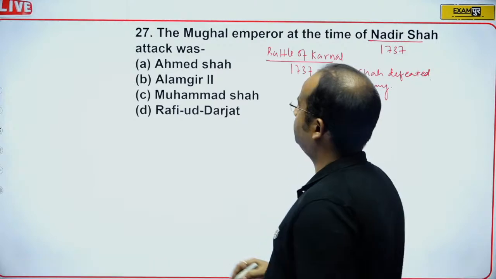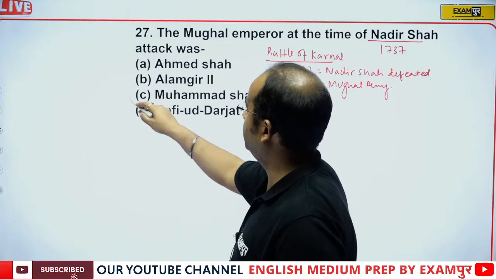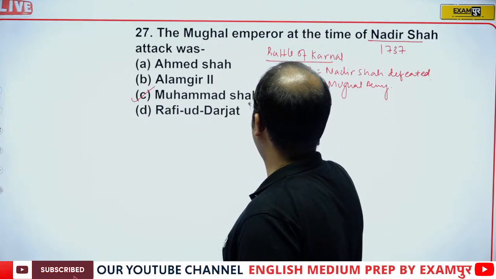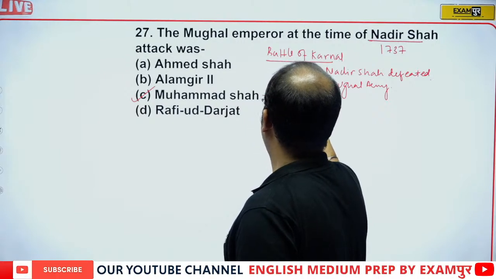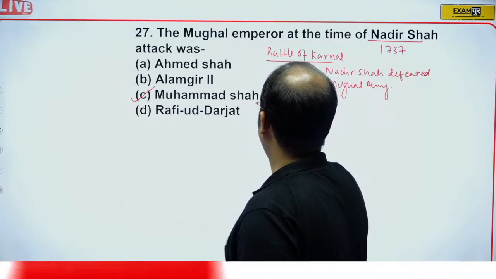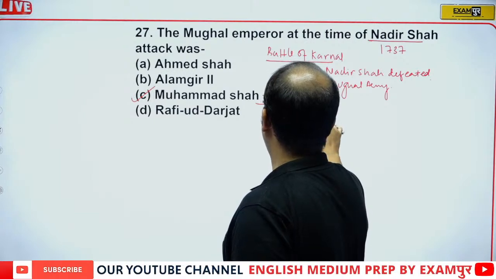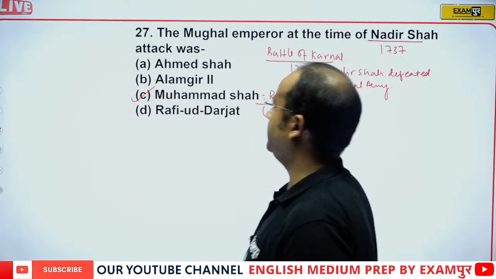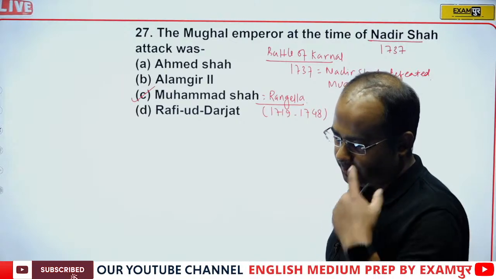And at that point of time, the king was Muhammad Shah Rangila, 1719 to 1748.